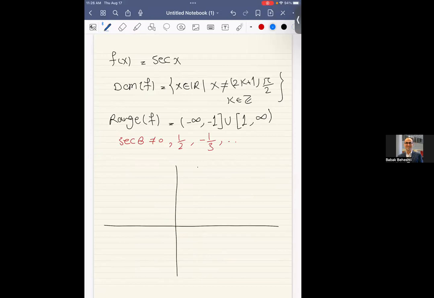So again, you have vertical asymptotes, which are odd multiples of pi half, like pi half, 3 pi half, and so on.